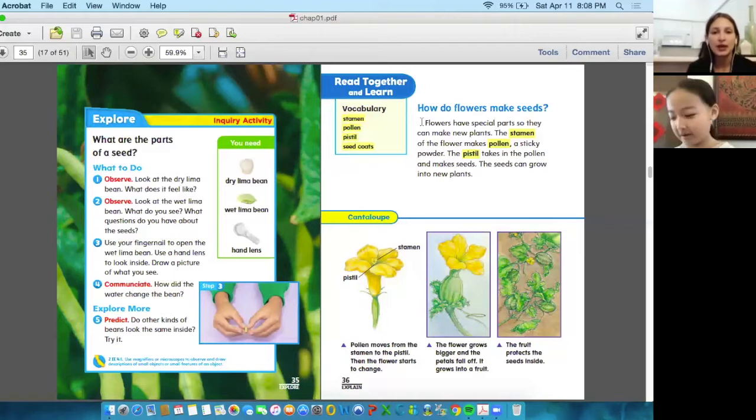Very good. Okay, so let's look at this picture so we can understand a little better what we read, okay? All right. This part in the center, in the middle of the flower, is the stamen, okay? The stamen. This is what makes the pollen. So remember from the last chapter, we talked about the bees.